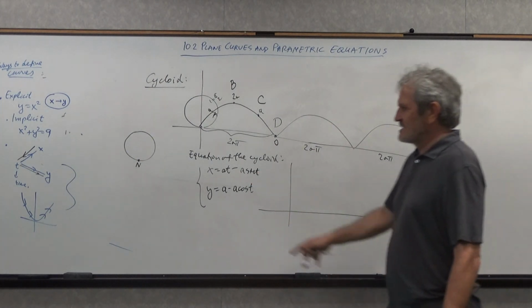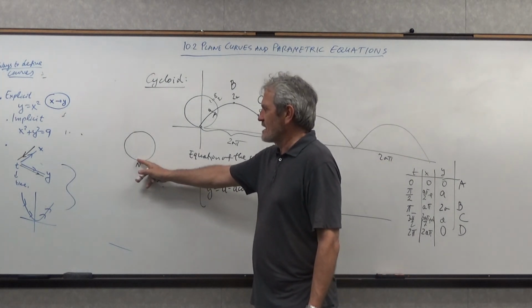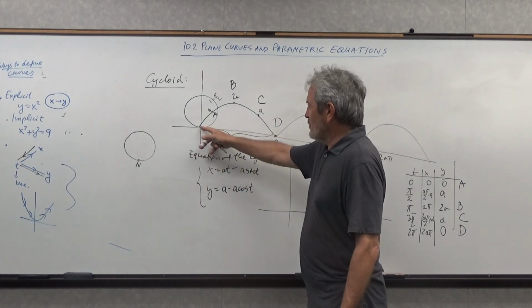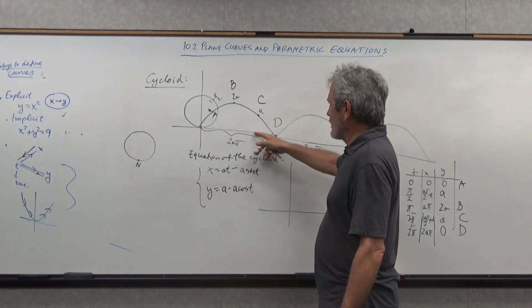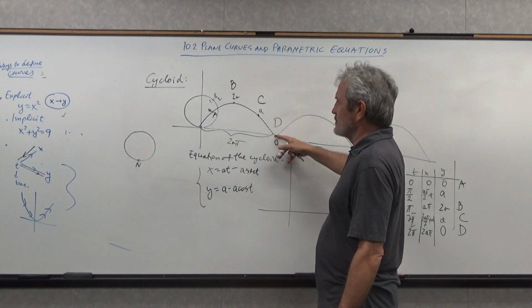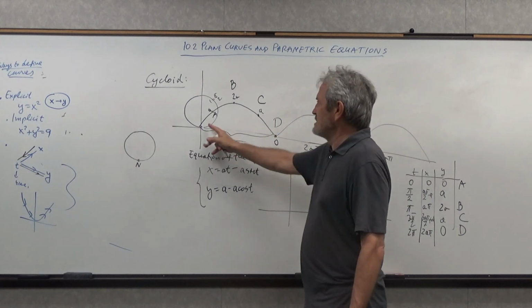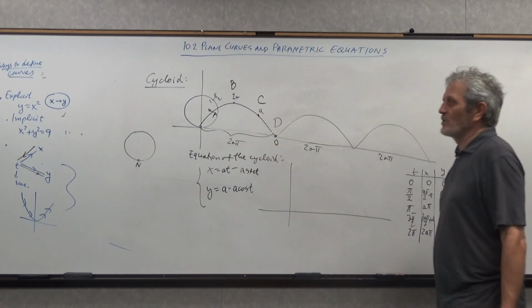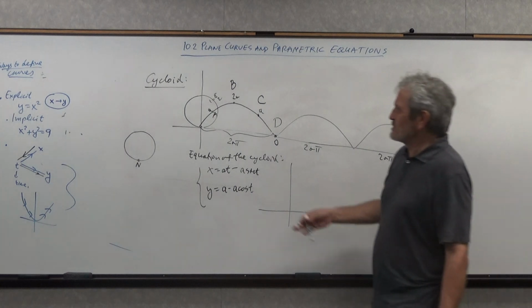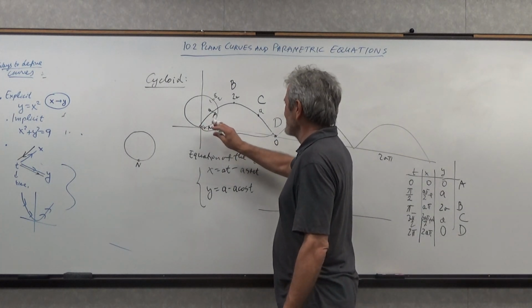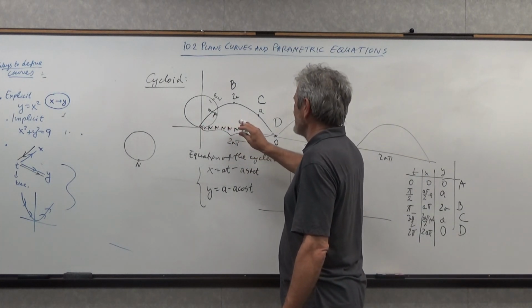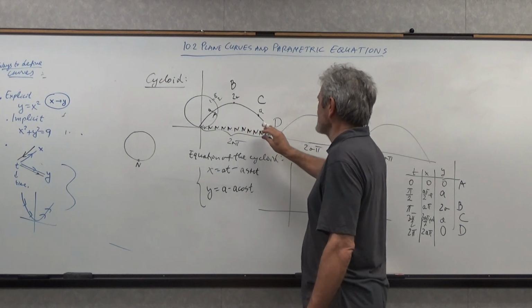So imagine if this had some color, then while your wheel makes one full rotation, that color will actually print itself all the time down, and that's exactly until the whole circumference gets lined up.